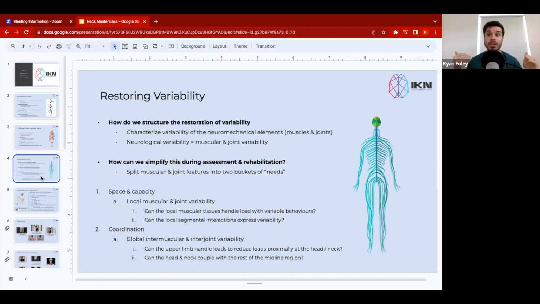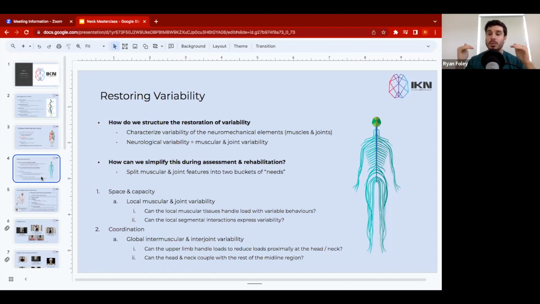So sometimes we might actually want to begin loading the tissues directly around the cervical spine while the segmental interactions express less variability, where they're moving in the same direction. Based on coordinative research, they would characterize that as an in-phase pattern. Or based on Nikolai Bernstein's work, he would characterize that as a freezing strategy or a freezing pattern.